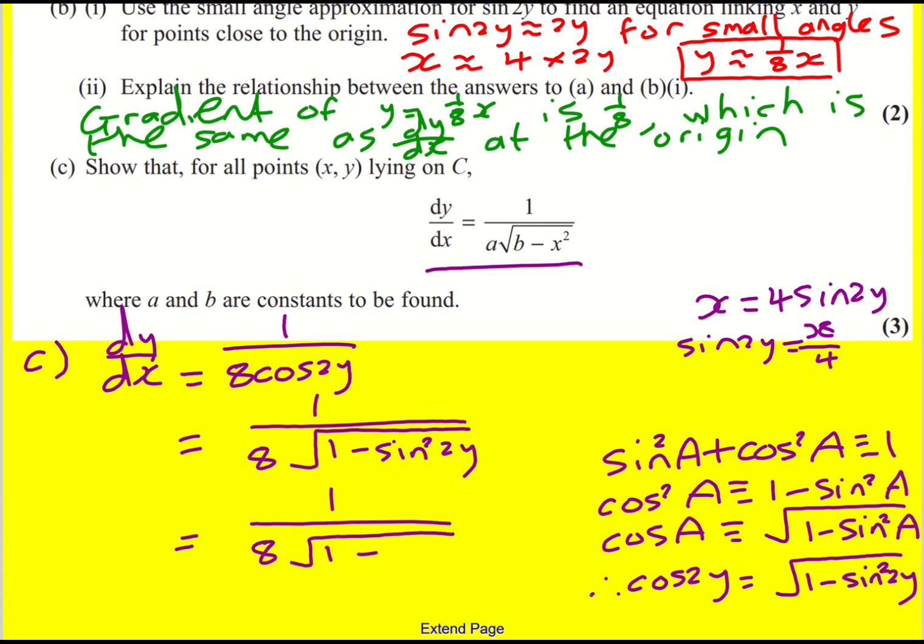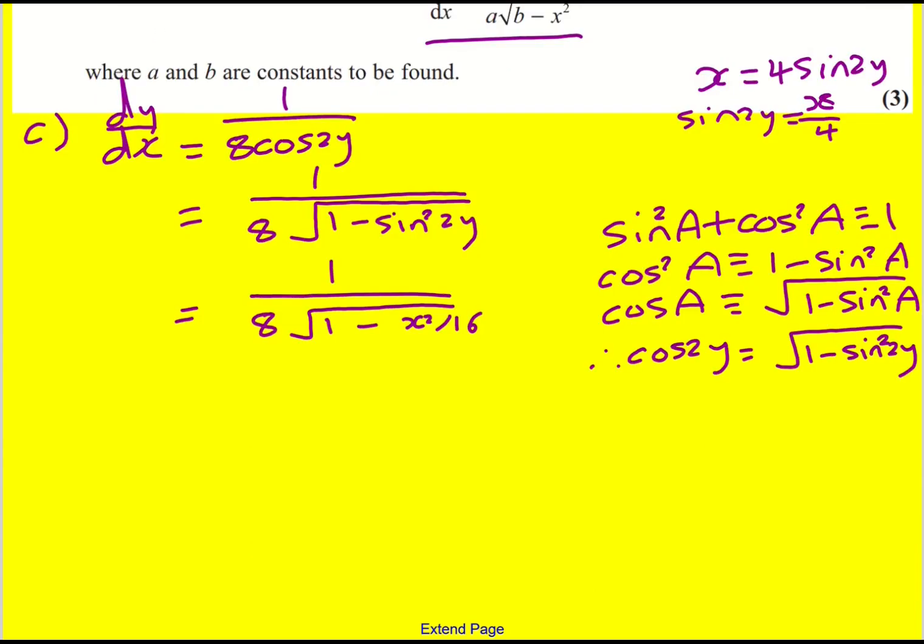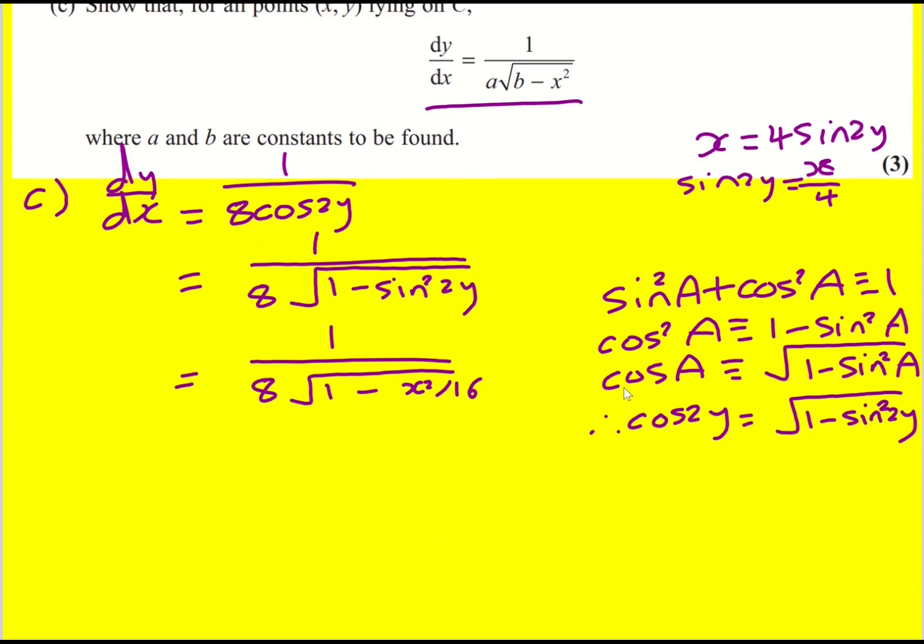And then when I square that, I'm going to get x squared over 16. Remember, I'm trying to write it in this very specific way, so I'm going to need to, well, do I times by 16? Or no, because then I'd be changing the fraction. I could times top and bottom by something, but what I'm actually going to do is factorize out a 1 over 16 within the square root, which will give me 16 minus x squared.